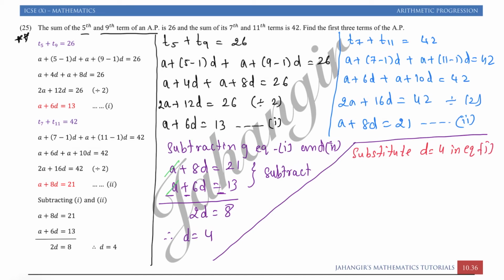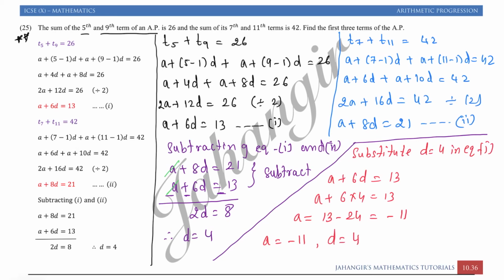So equation 1 is A plus 6D is equal to 13. So we can write A plus 6 into 4. 6 fours are 24, that is equal to 13. So therefore A is equal to 13 minus 24, which is equal to minus 11. So we got the first term as minus 11 and common difference as 4.